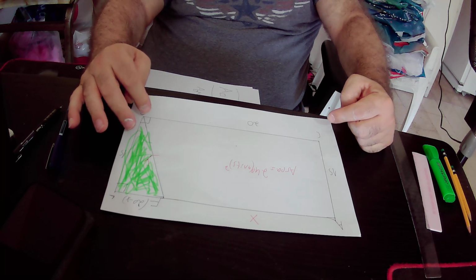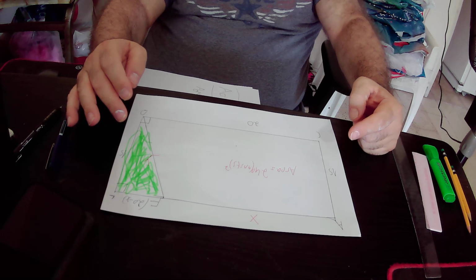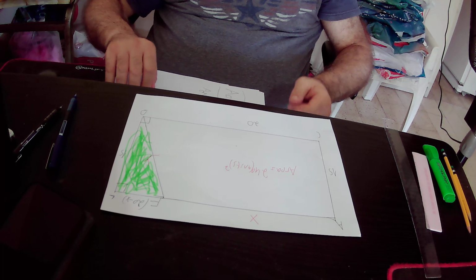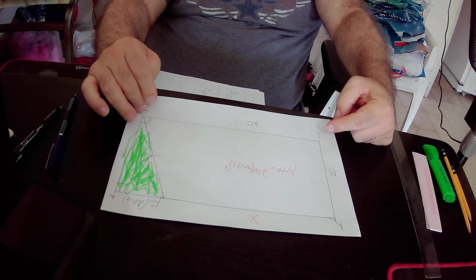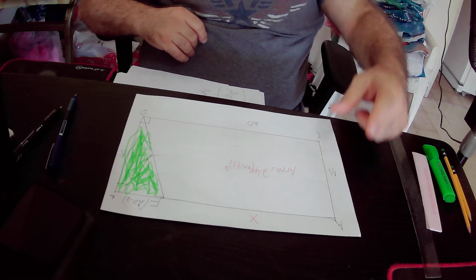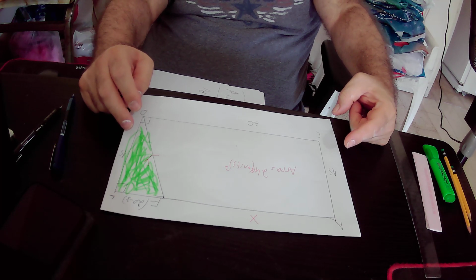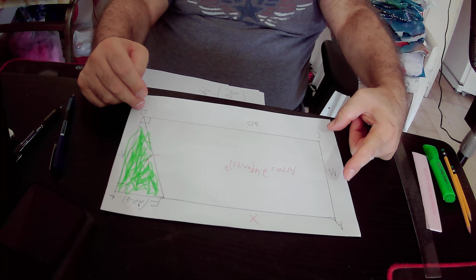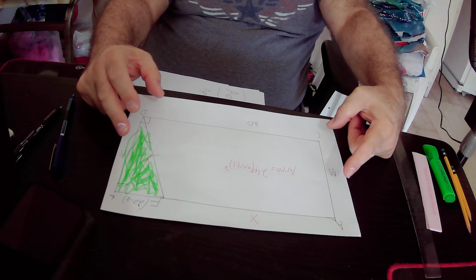All the angles in the rectangle equal 90 degrees, and we know that the area of any rectangle equals the length times the width. So the area of the rectangle that we created is 20 units times 15 units, which is 300 square units.